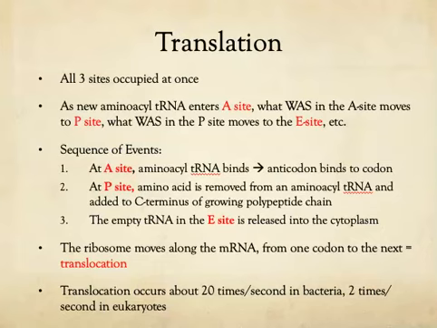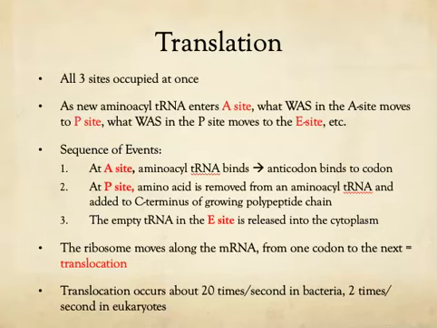Once it's in the P site, the amino acid will be removed from that tRNA and added to the C terminus of the growing polypeptide chain. Once it's in the E site, the now empty tRNA will be released into the cytoplasm.